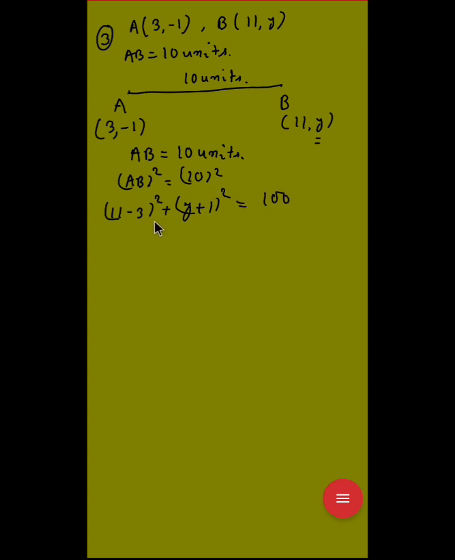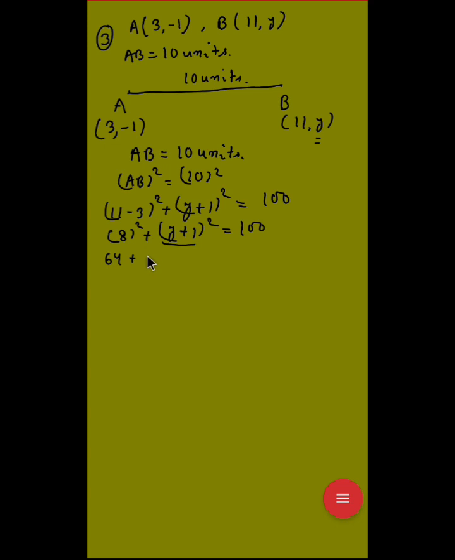Now we are simply solving this equation. So 11 minus 3 gives 8. So we write 8 whole squared plus (y plus 1) whole squared is equal to 100. So 8 squared gives the value of 64. I have written 64 over here. Now I am going to expand (y plus 1) squared, based on the identity of (a plus b) squared.